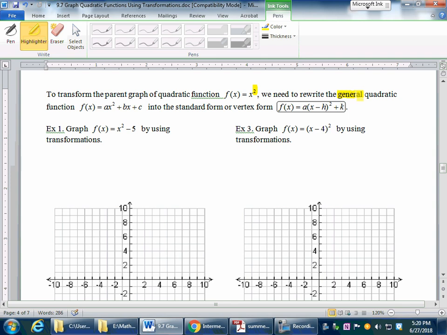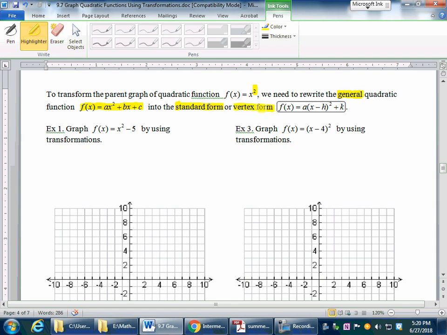The general quadratic function is basically f of x is equal to ax squared plus bx plus c. If it is in general quadratic function format, we cannot do transformations. So therefore, the quadratic function must be rewritten in what some texts will call standard form or vertex form.